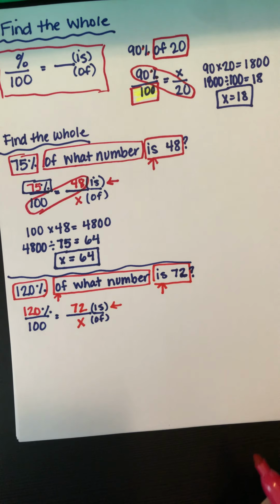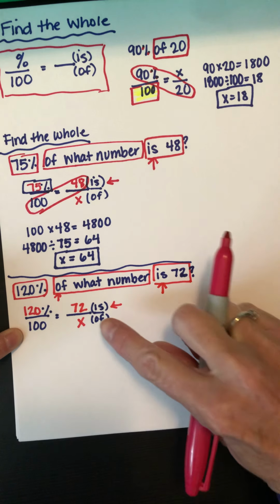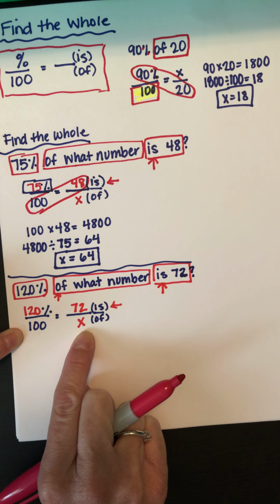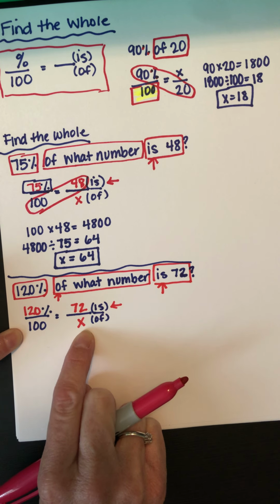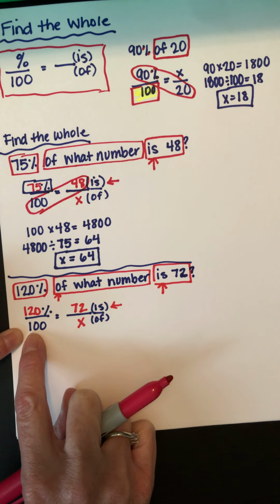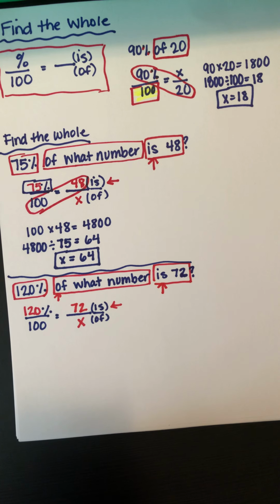Now, something that I did notice is that my 120 is greater than my denominator. So that gives me a clue that my variable x, my whole, is actually going to be smaller than my 72, because if it's bigger on top, then it's going to stay bigger on top and smaller on the bottom.